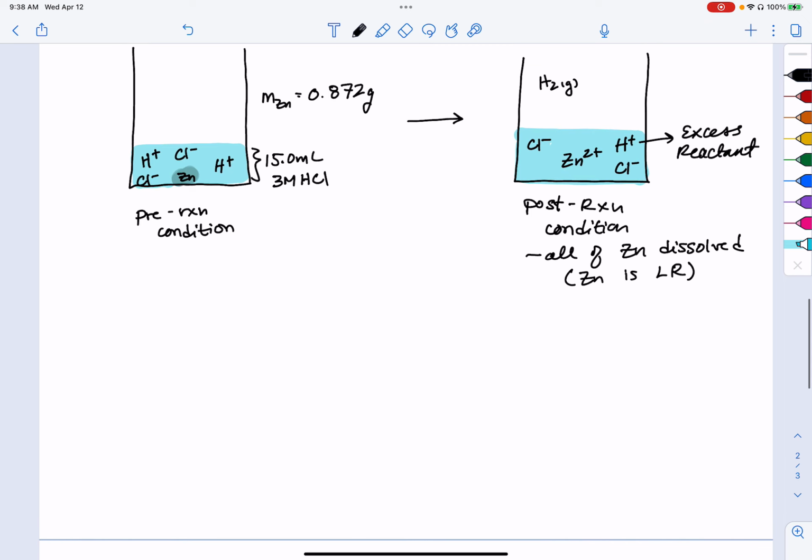All right, let's finish this problem. Concentration of zinc ion. So remember, concentration, molarity is moles. So this is going to be our moles of our zinc ion that are in solution over the liters of the solution containing our zinc.